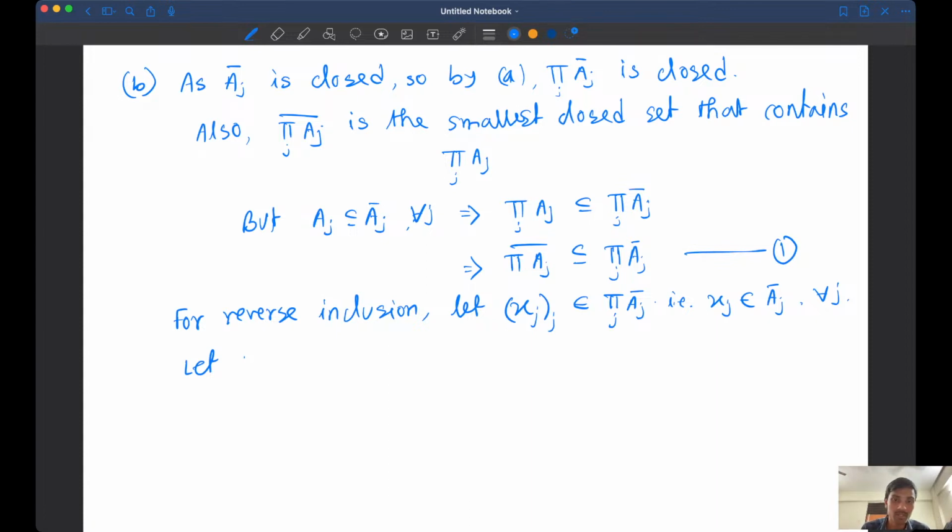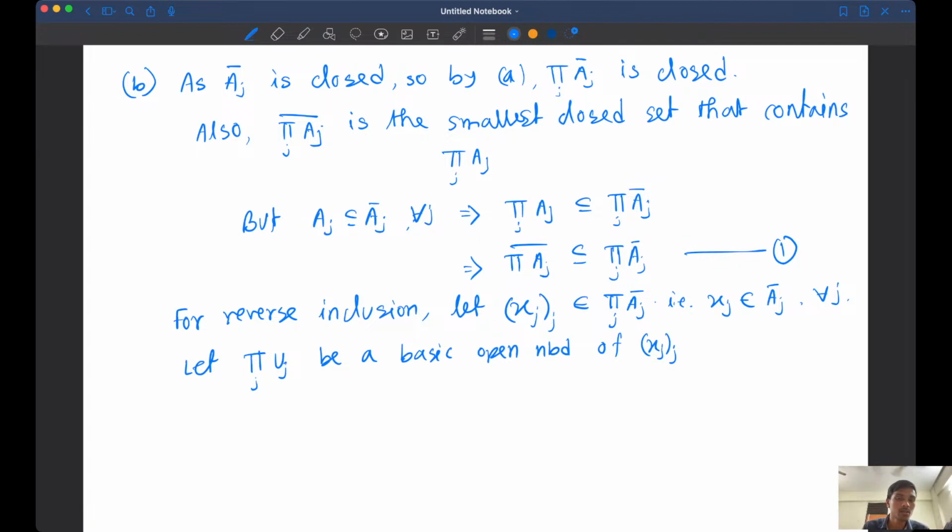A basic open neighborhood will look like some product of open sets in this thing. So let the uj be an open neighborhood of this xj. Now the topology comes into play.